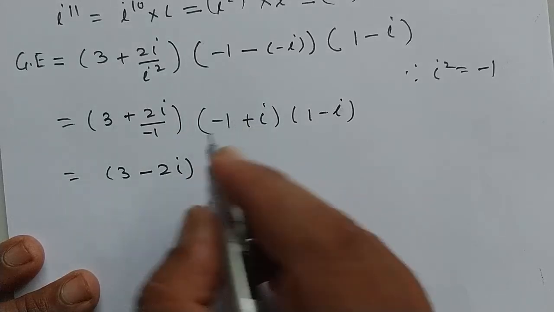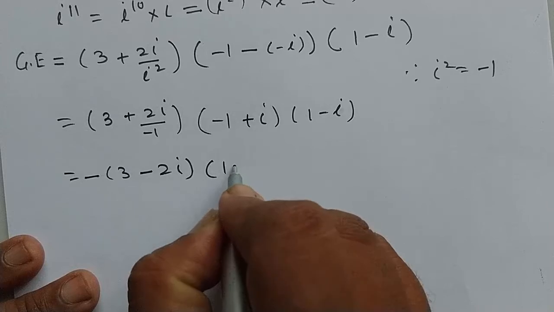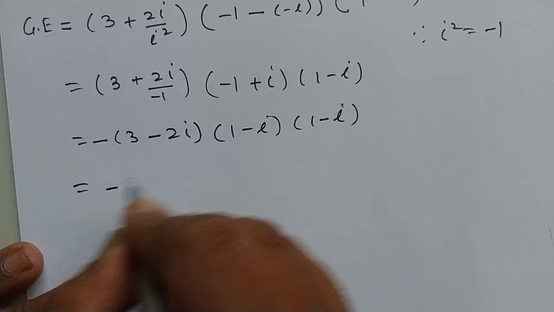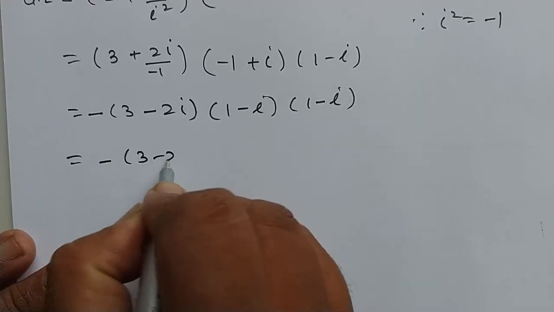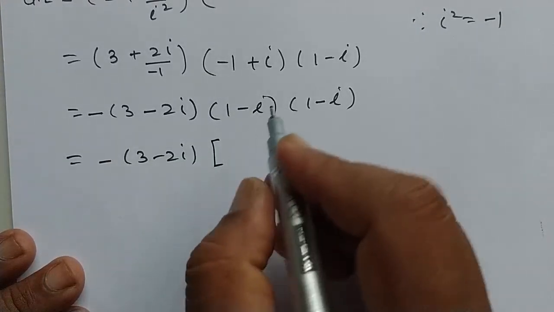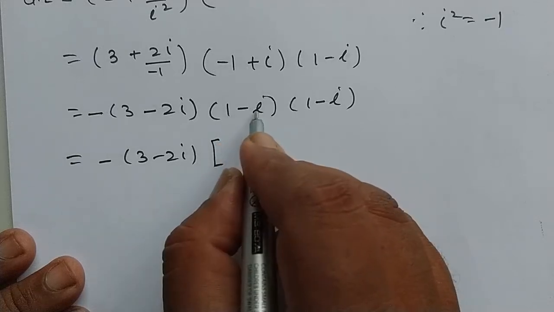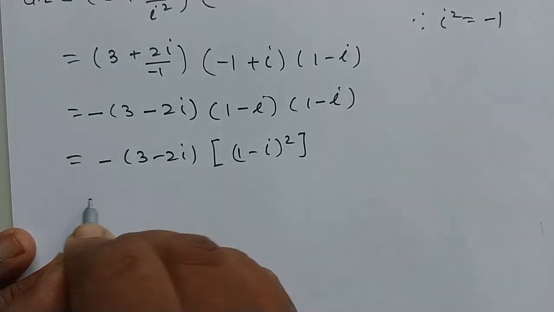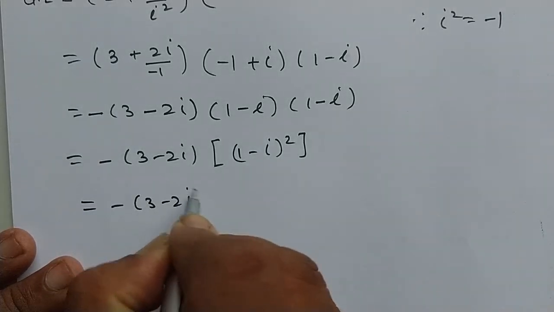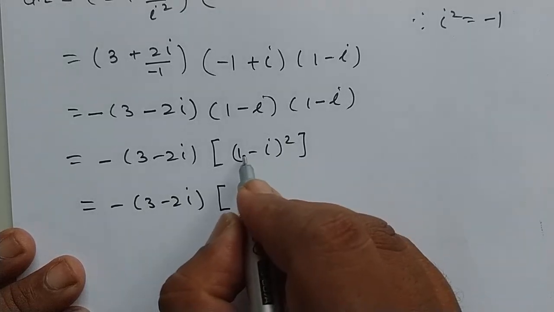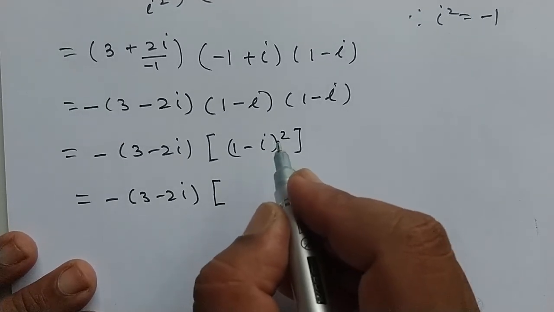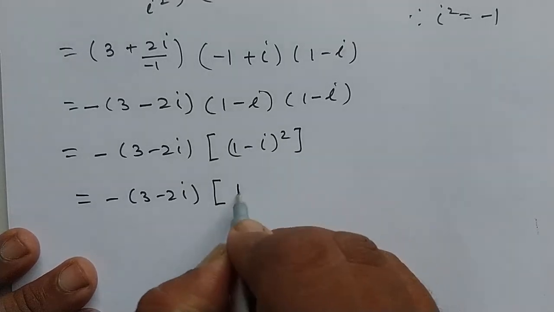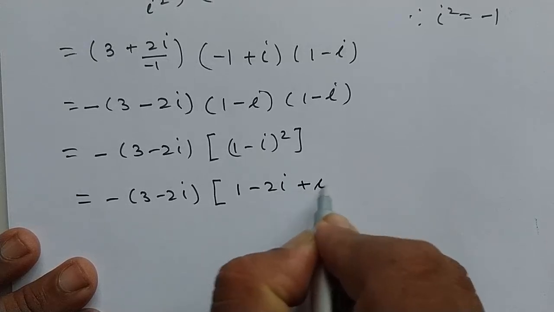We can take minus sign common from this. That is 1 minus i and 1 minus i, which is equal to minus (3 minus 2i) into bracket (1 minus i) into (1 minus i), (1 minus i) bracket square. Minus (3 minus 2i) bracket, we know that (a minus b) square is a square minus 2ab plus b square, that is 1 minus 2i plus i square.